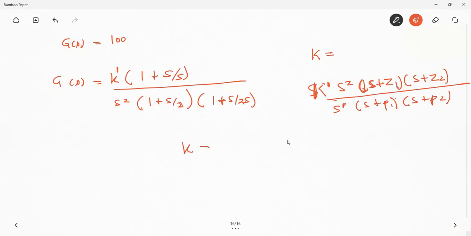So here the k value is basically z1 into z2 divided by p1 into p2, into this k dash. So the value k dash you have got is 100, and z1 value is equal to 1 by 5, so z1 is 5. z2 is not there.